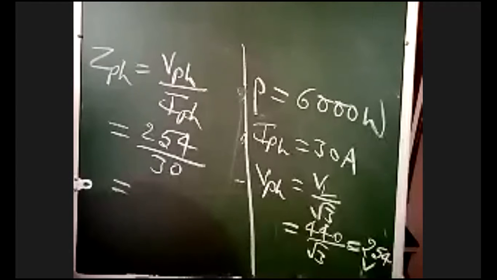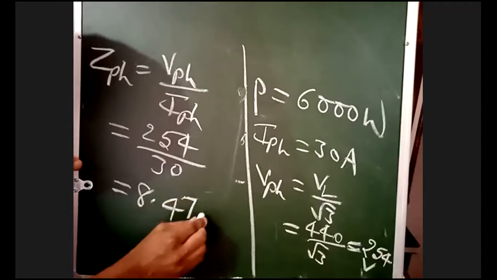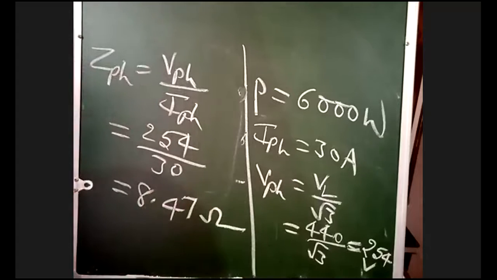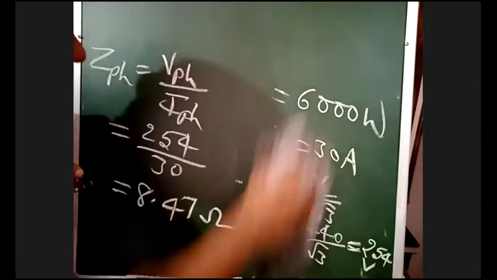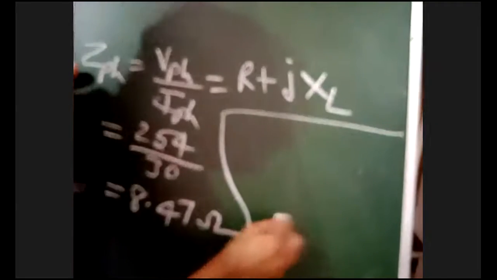8.46, sir. 8.47. In your textbook, they are giving 8.47 ohms. Now Z phase is R plus jXL. Draw the diagram.